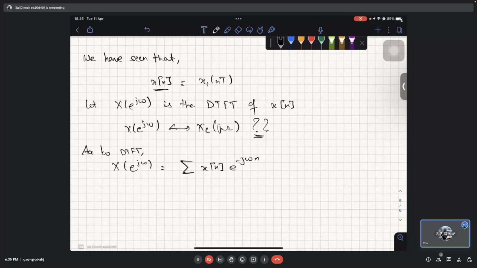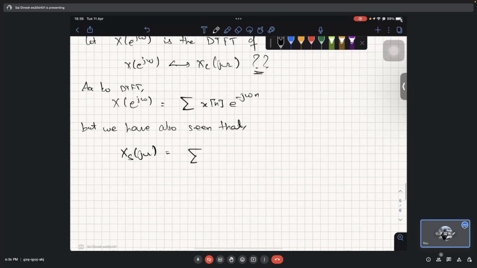But we have also seen that Xs of j omega is equal to, what? Sum of xc of nT e power minus j omega T n, right? Which is the CTFT of xs of t.